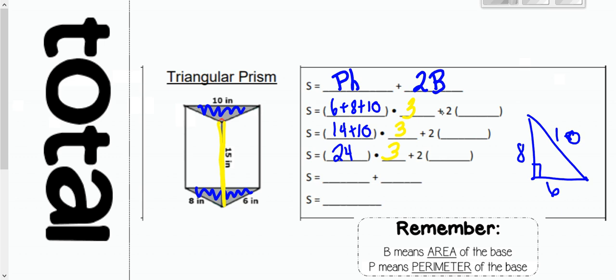Now we need to add on 2 times the area of my base since we have 2 bases. This is why triangular prisms are harder, because I actually have to find the area of a triangle. I need to remember my area formula for the area of a triangle is A equals base times height divided by 2, or 1/2 base times height.